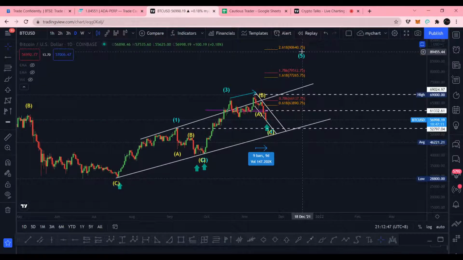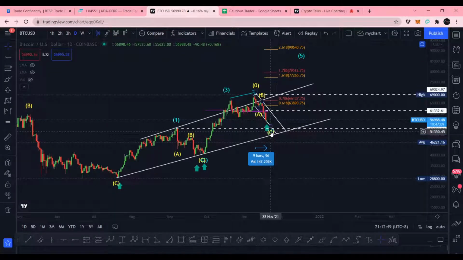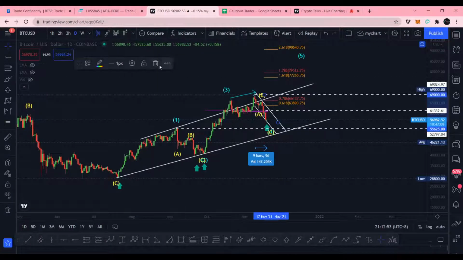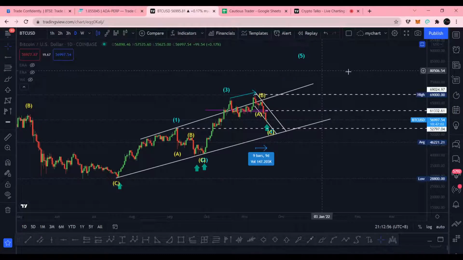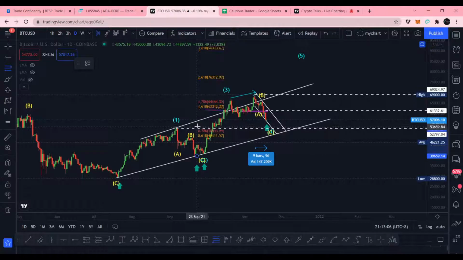And for the last and final wave, you can actually use the fib. What I did is from 2 to 3, that's more than 1.786 fib.